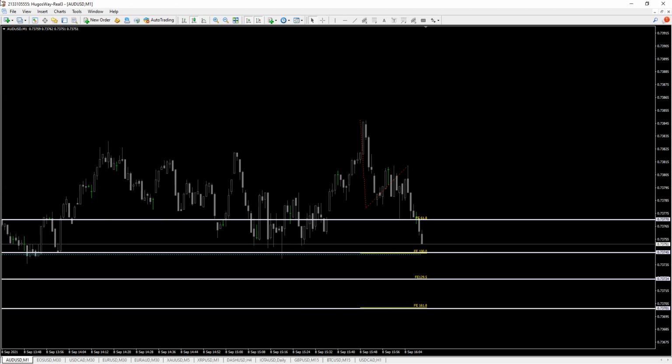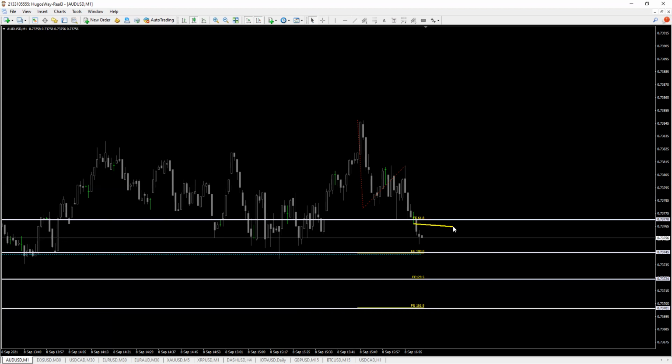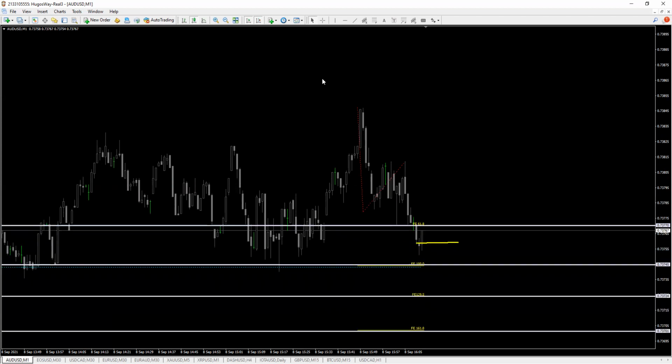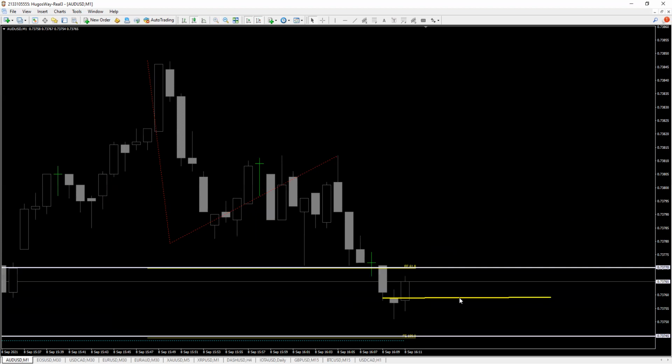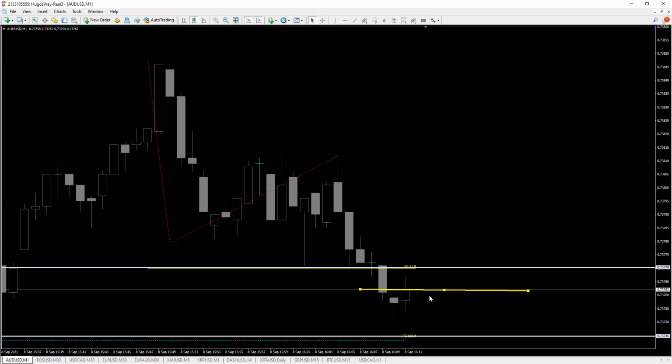If it comes back up here and closes right here, it's still a lower low, lower high. Now we have a lower high, and let's see if we get another lower low. What we can confirm is that we got a lower low and a lower high.